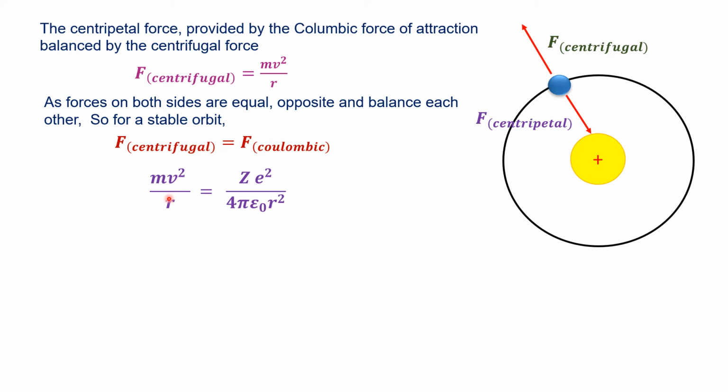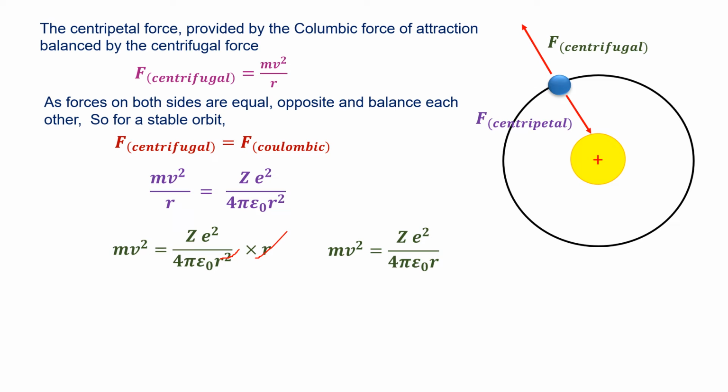mv square divided by r is the formula of centrifugal force. Ze square divided by 4 pi epsilon naught r square is the formula of Coulombic force. Now shift the r to the other side. Here, if we look at this formula, there are some same terms, that is this r will cancel out with this square value.